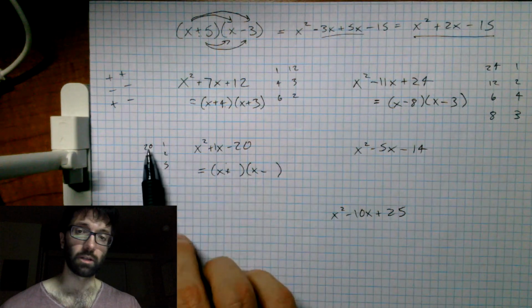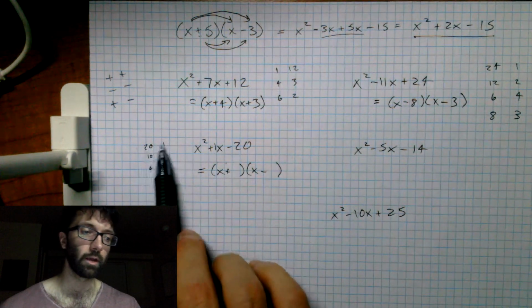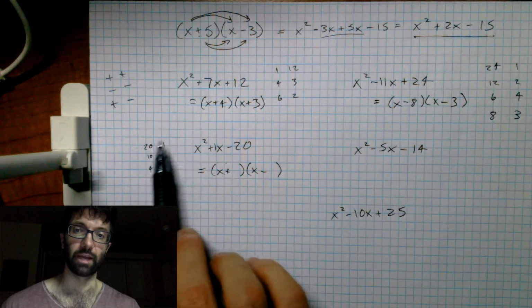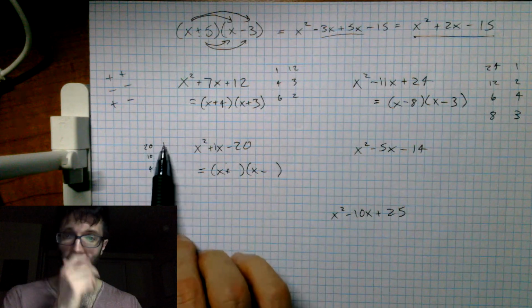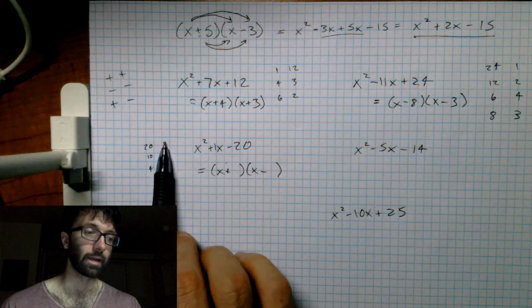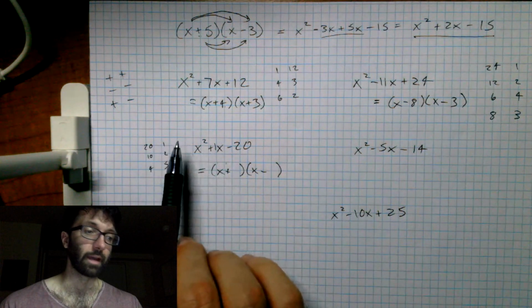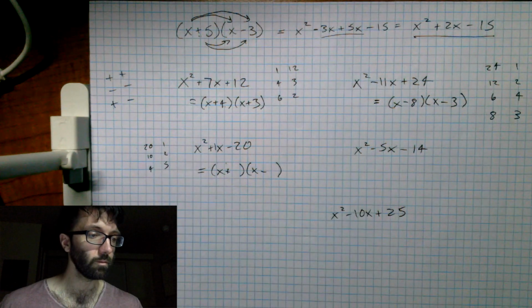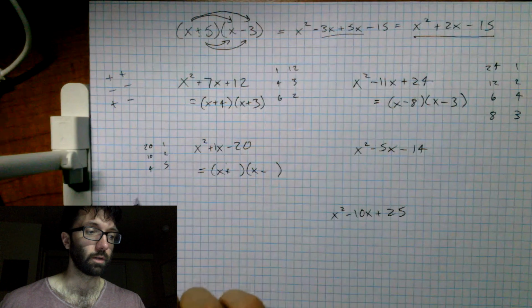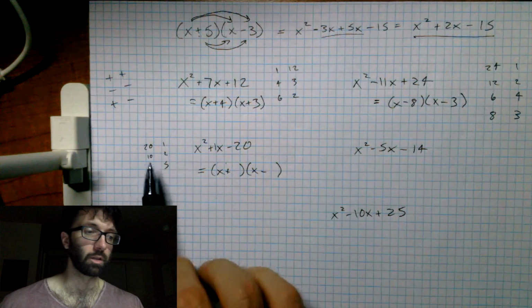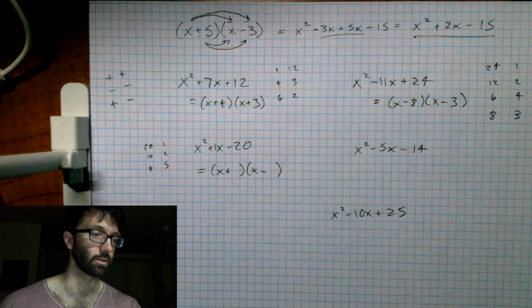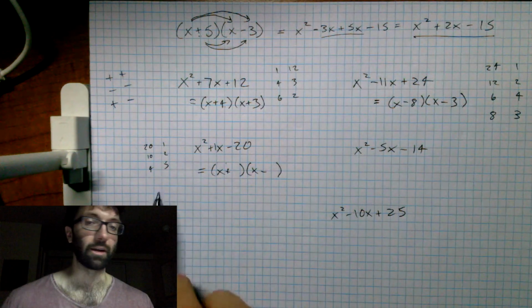So basically think to yourself, will 20 and 1 ever combine to 1 if I make one or the other positive or negative? And the answer is no, because I could only get 21, I could get 19, I could get negative 19, right? But none of those are even close to 1. 10 and 2, well, 10 minus 2 is 8, 10 plus 2 is 12, 2 minus 10 is negative 8, so that doesn't work either. Turns out it's 4 and 5.